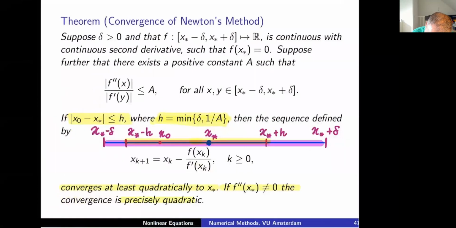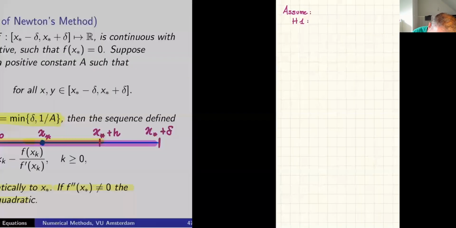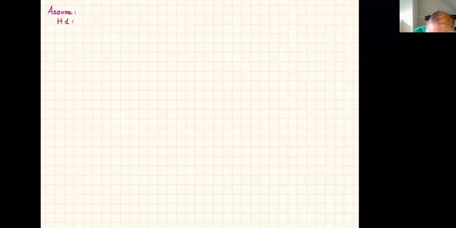So what we're going to do is to assume a set of hypotheses. What are these hypotheses? The first one is that the function f is defined in an interval of width delta containing the root. So let me note it down here.